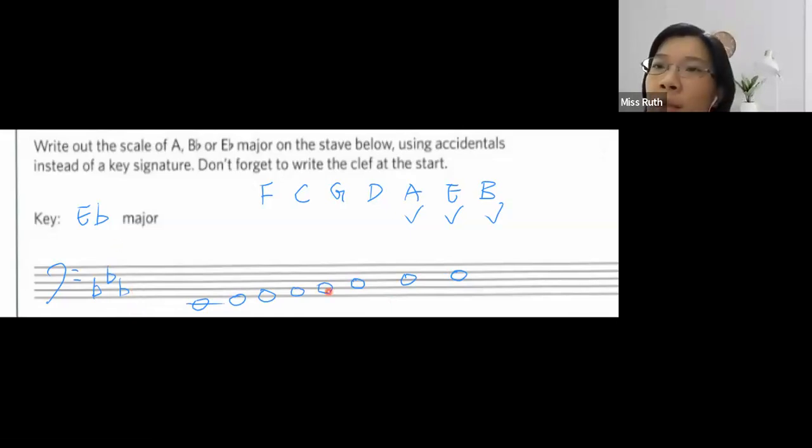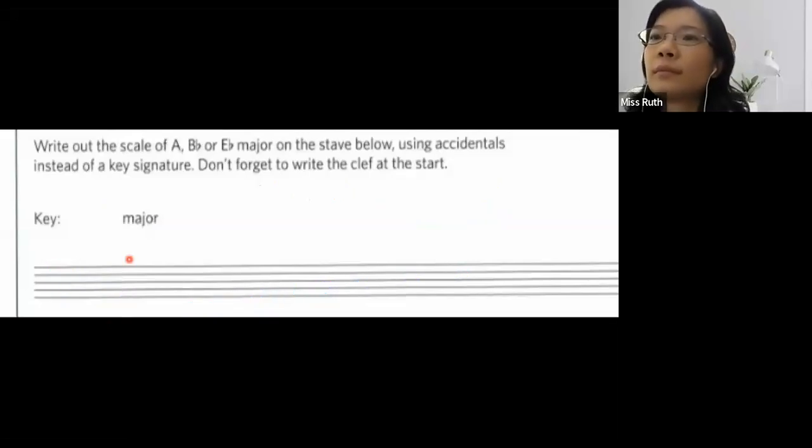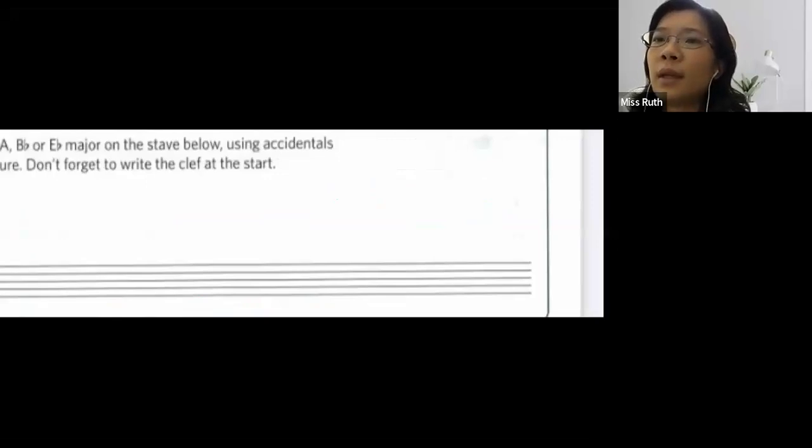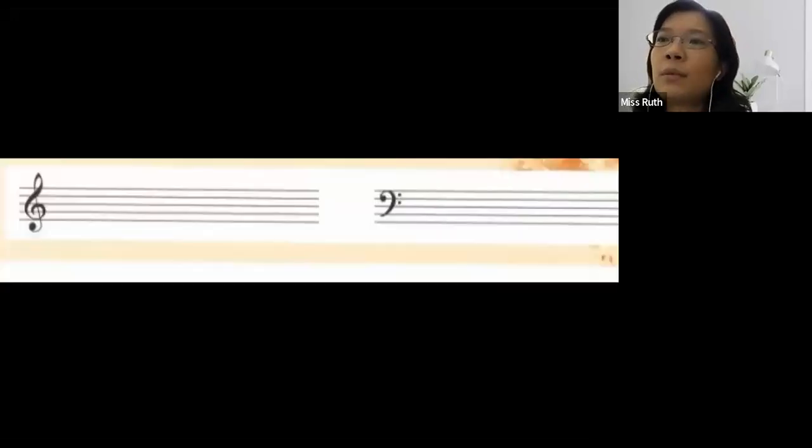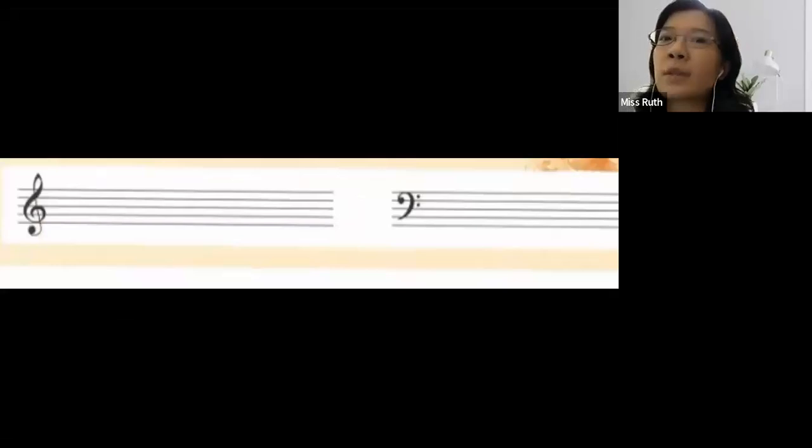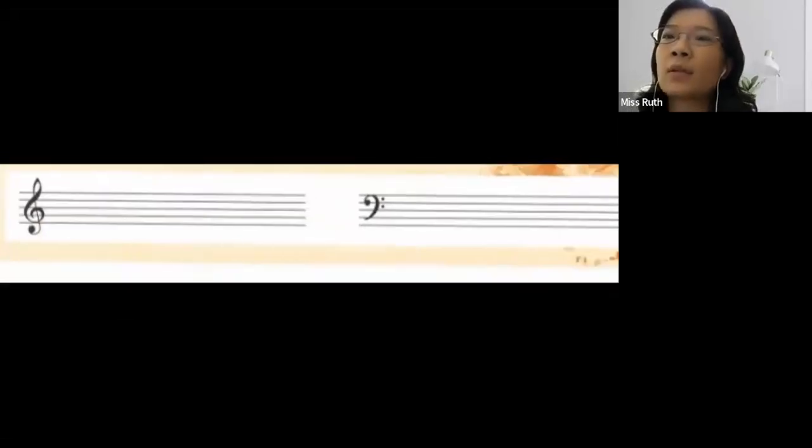So for the B here, E here, and the A here is corresponding to all these three flats. And lastly, we can always try using the staff to practice how to write the corresponding key signature.